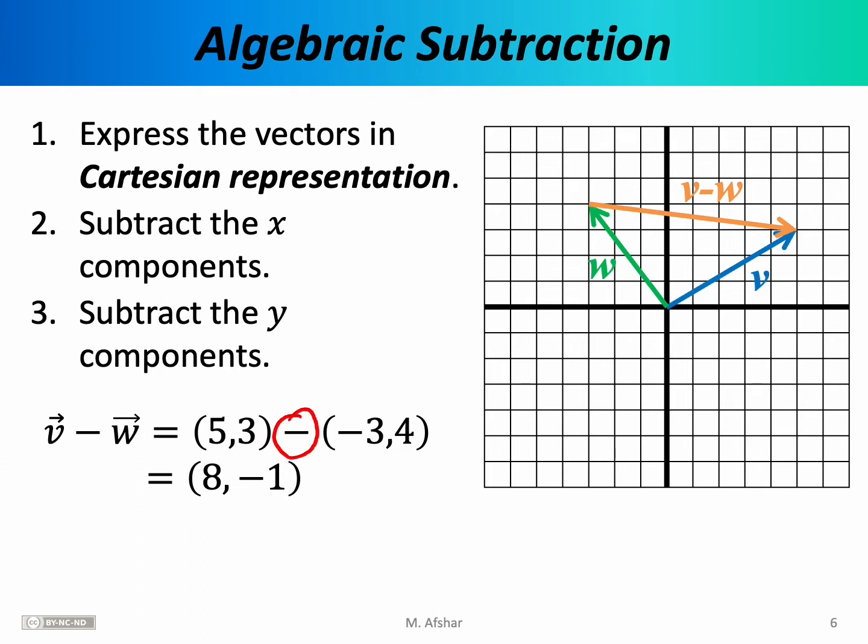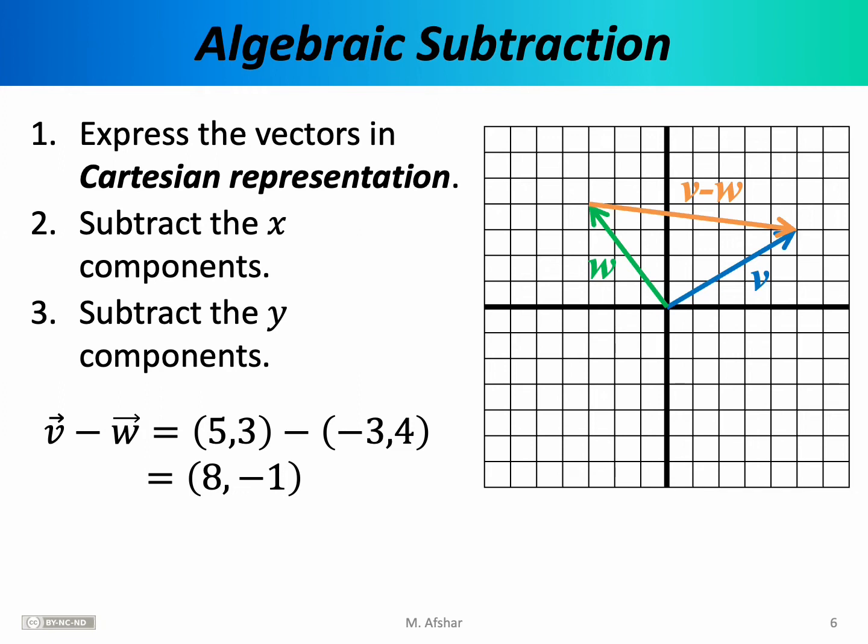So I'm going to perform component-wise subtraction. Here I'm going to subtract 5 and -3. More precisely, 5 minus a -3 gives me 8, and 3 minus a 4 gives me -1. So 8, -1 represents the difference of these two vectors.